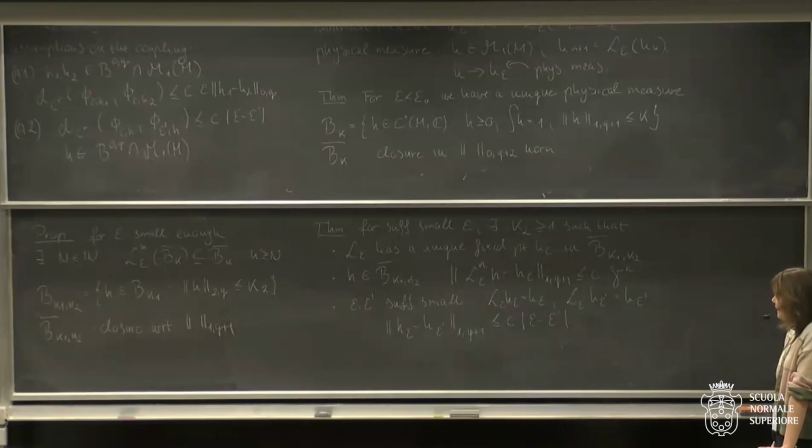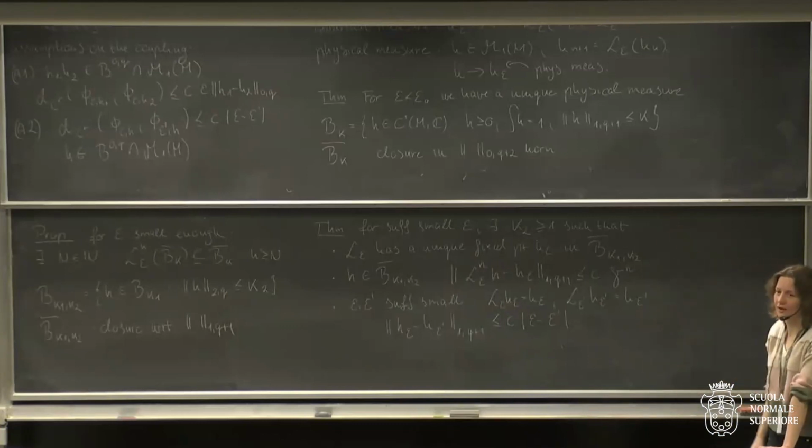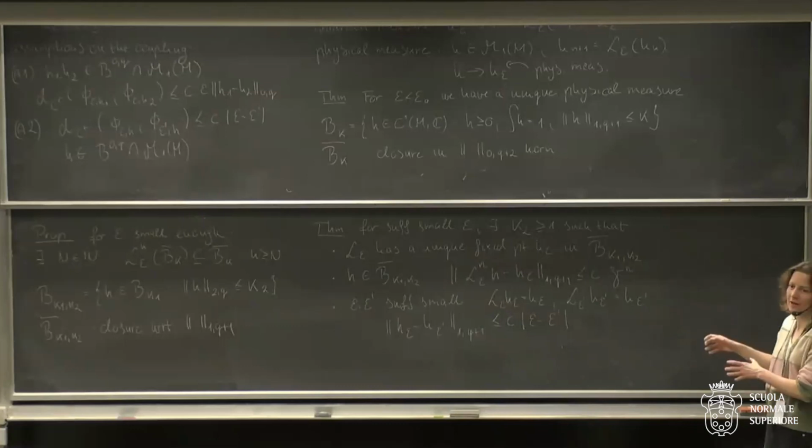Yes, that's a very good question, because I thought about this a lot when I was looking at coupled circle maps, because in that case I really believed that this is the picture we see for epsilon small enough, when all of the maps that I am applying are uniformly expanding.